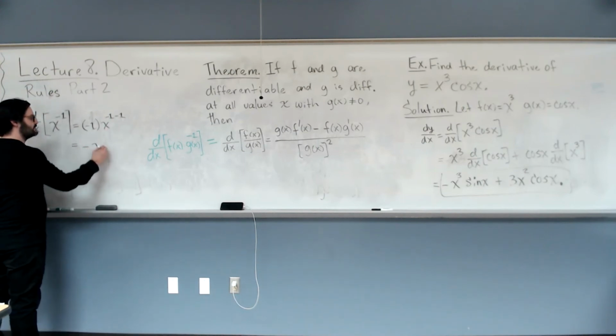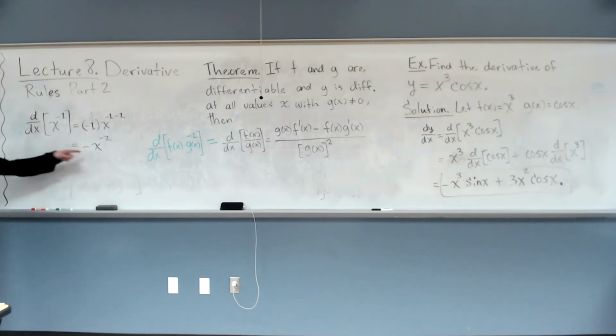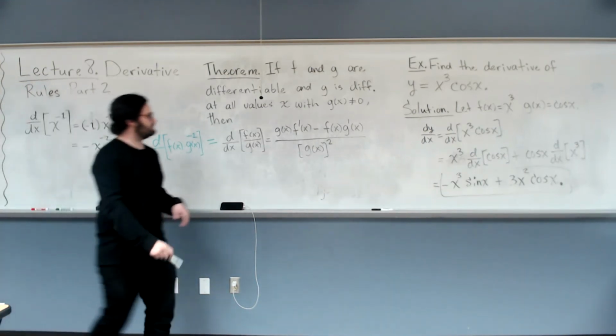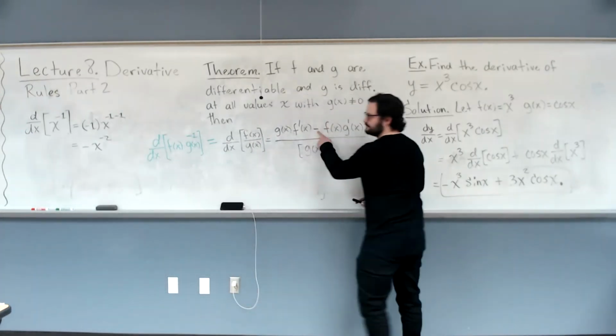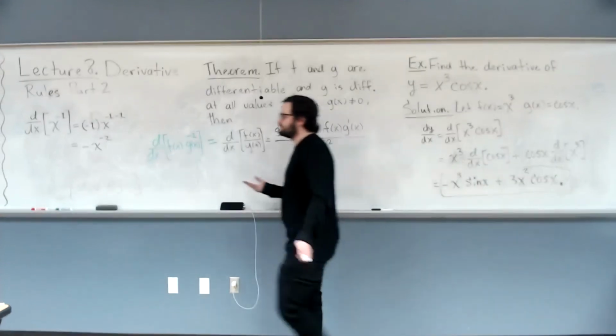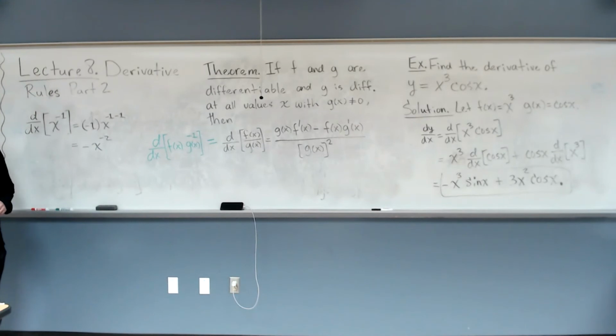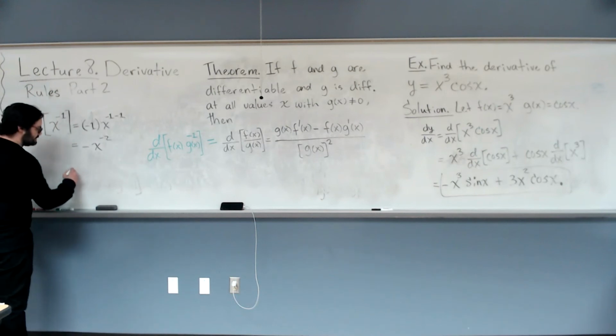Exactly, negative x to the negative 2. Notice there's a negative right there. And one more thing, and again, this is just a vague reasoning for that formula based off of the product rule and not what we really need. If I rewrite this, what does this become?